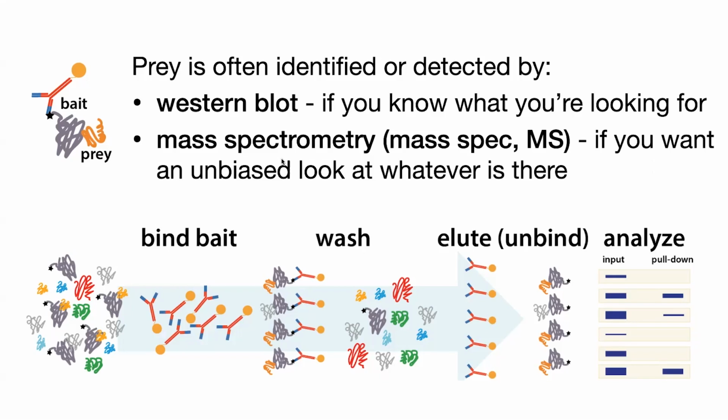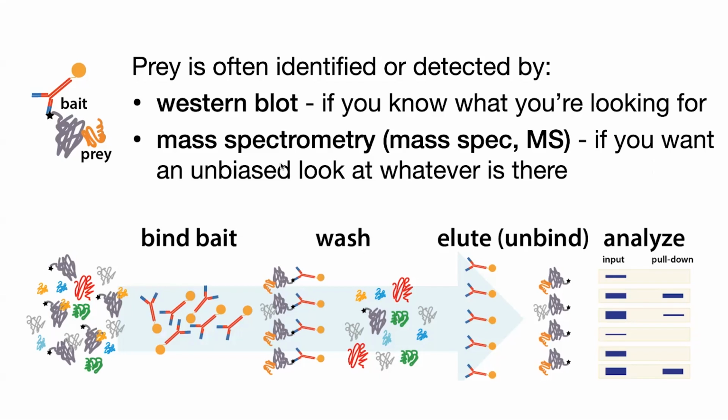Then it sends these pieces through a machine that recognizes the charge and the mass of the pieces. By comparing it to a database of the known pieces of proteins, it can then tell you what proteins were present. So the IP mass spec is going to give you a more unbiased look at what was bound. But the Western is more commonly used, and it's a lot easier.